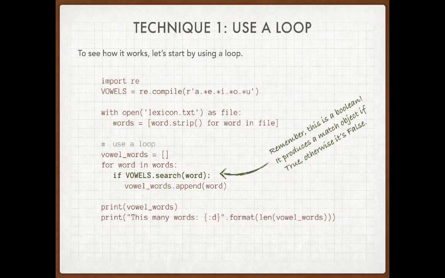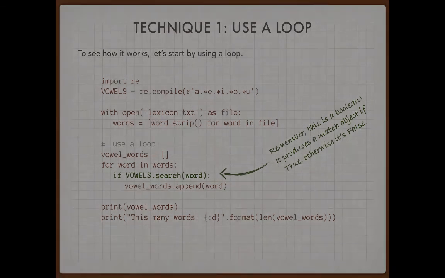So the Boolean expression here might look a little weird because I'm not comparing it to anything, but I am not going to do anything with this. I'm not extracting any groups. I'm not doing a split. I'm not doing a substitution. All I need to know is, do I get a match object or do I get none? And that is enough for a Boolean test.